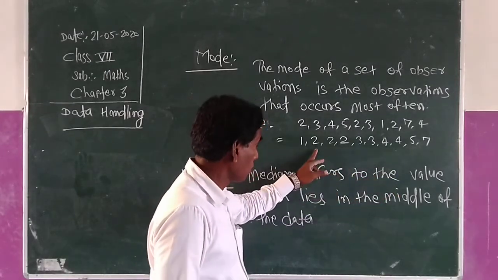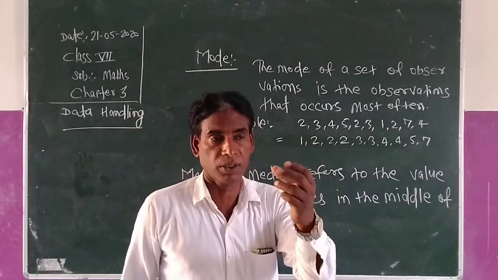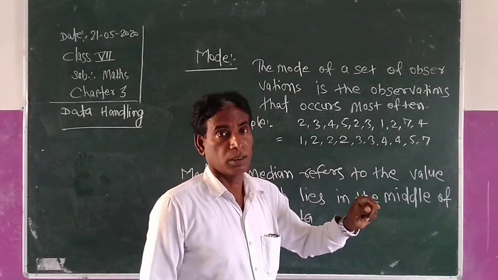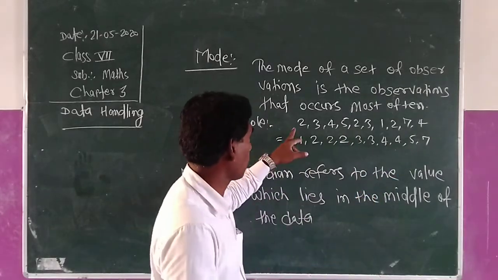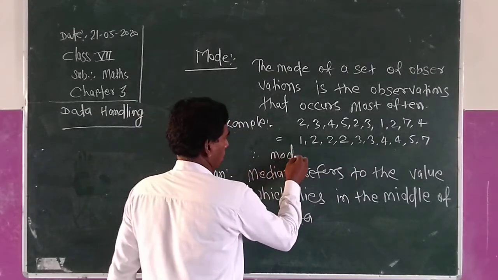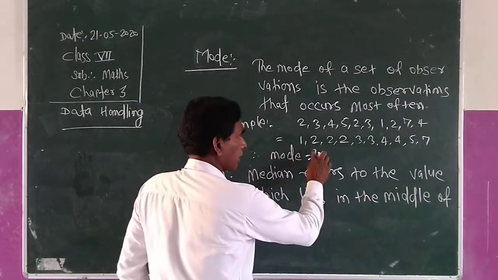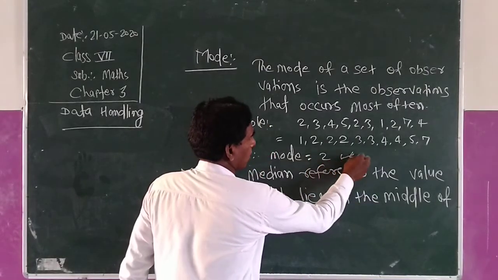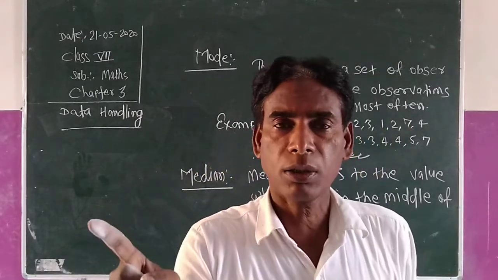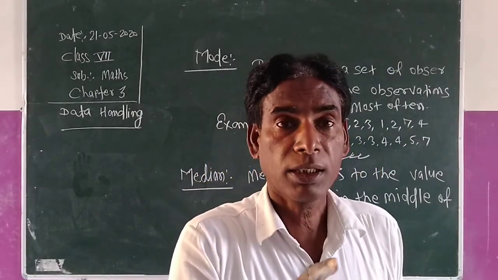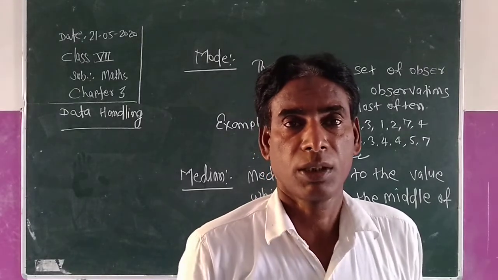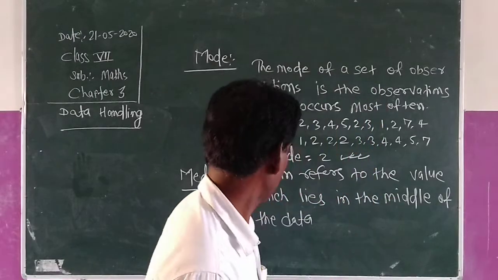Here we see that 2 has come 3 times, 3 twice, and 4 twice. So the mode of the given observations is 2. In a simple way, you arrange the observations in ascending or descending order, then see which number comes the most times. That number is the mode.